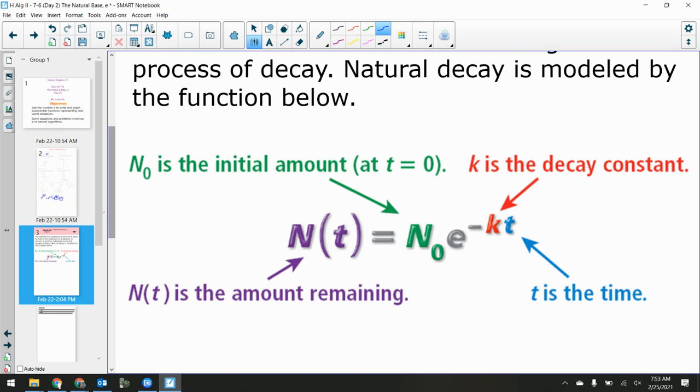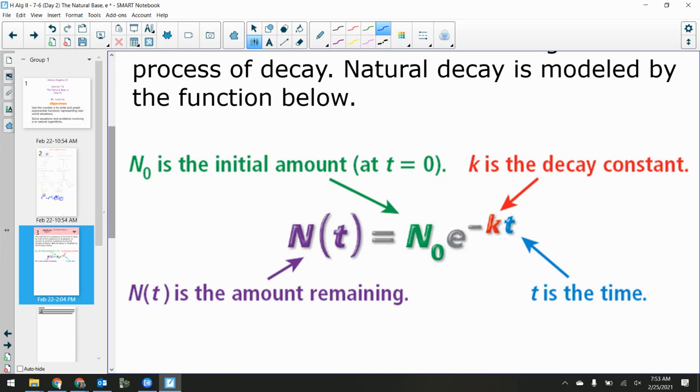In 10 days, there's going to be 25 grams left. In 20 days, there would be 12 and a half left. And then in another half-life, there would be 12 and a half divided by 2, which is 6 and 1/4. But you could calculate it by hand like that, figuring out how many half-life cycles it's going to take to drop down.